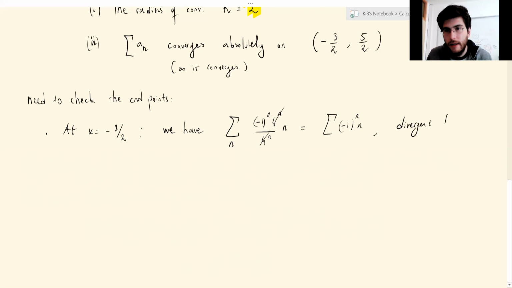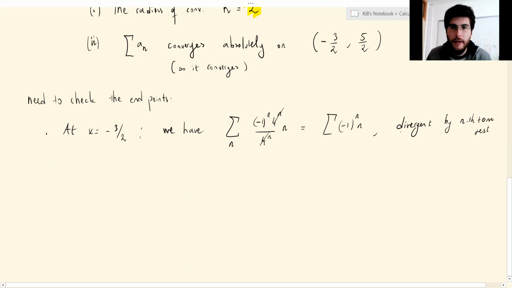Divergent by the nth term test, if you like. So we have divergent behavior at least at one endpoint.